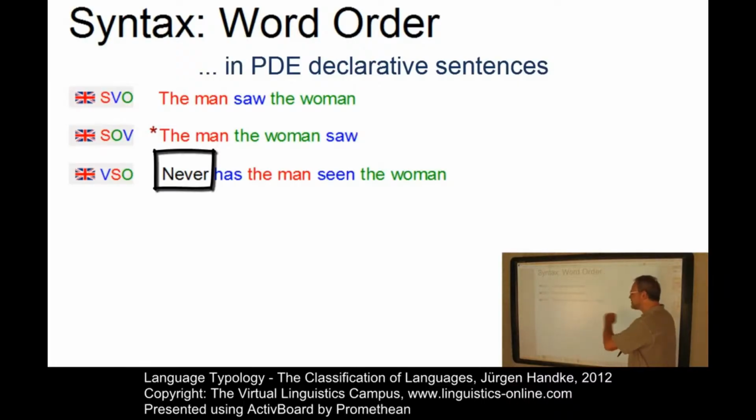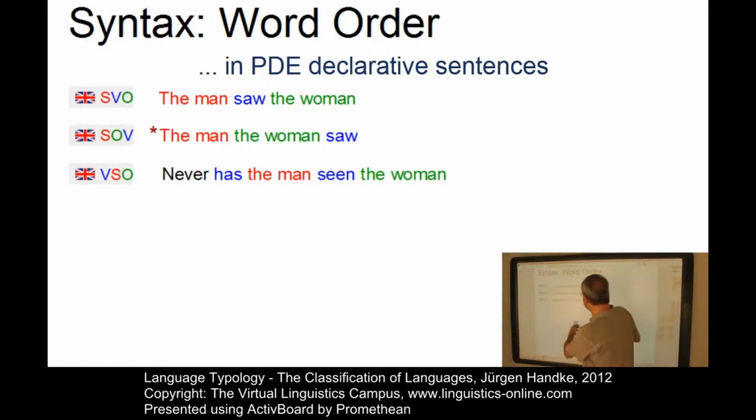There must be an adverbial preceding. The adverbial, of course, is never. And then we have a VSO word order. However, the adverbial has to be of a negative kind. By no means has the man seen the woman is possible, but always has the man seen the woman does not work. So this is possible but exceptional.